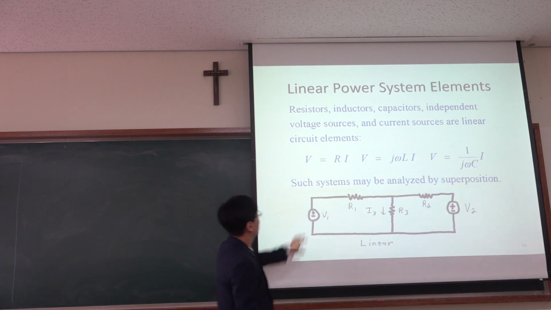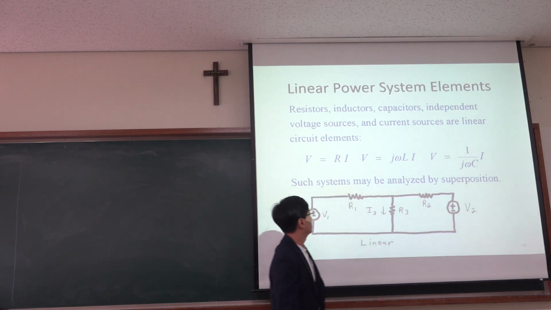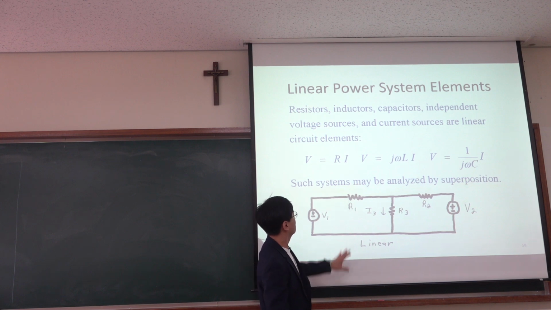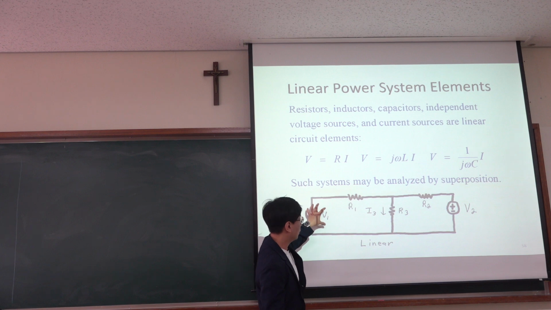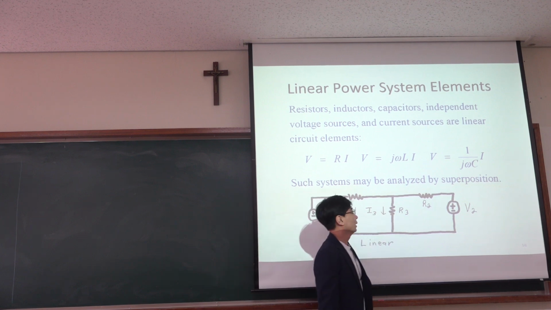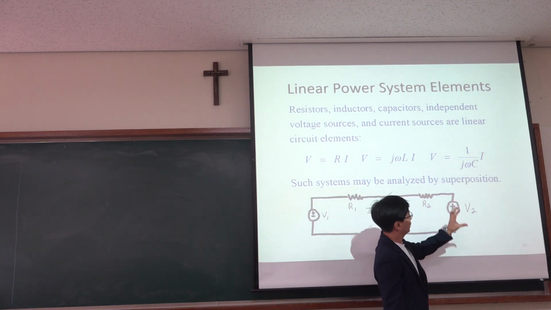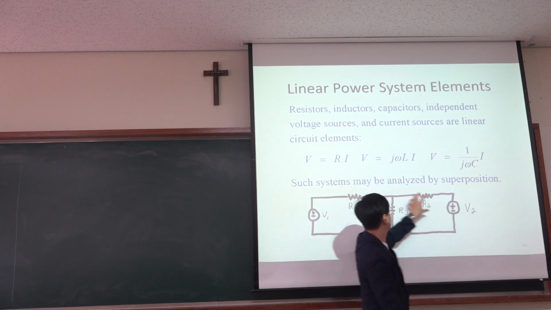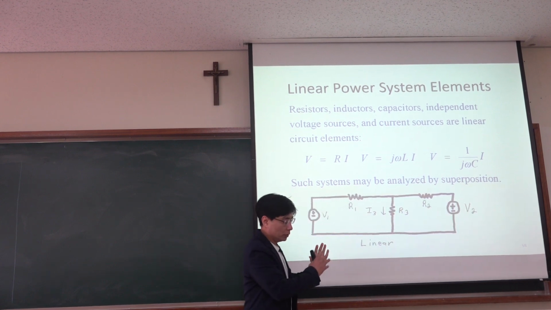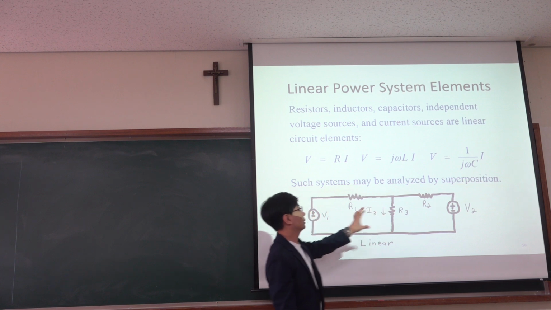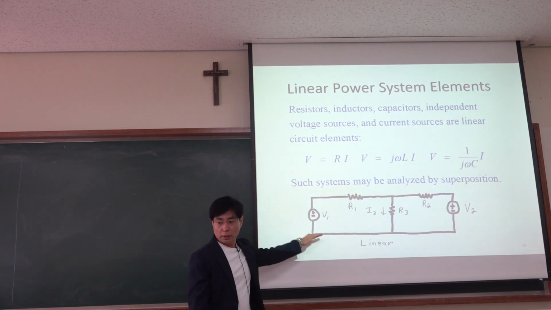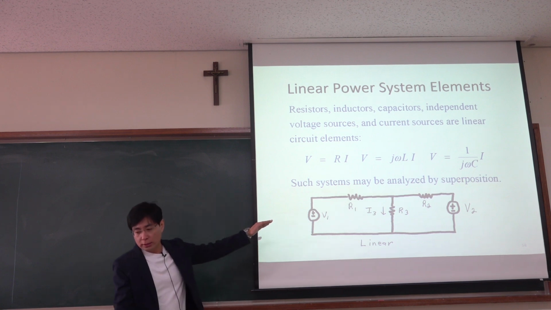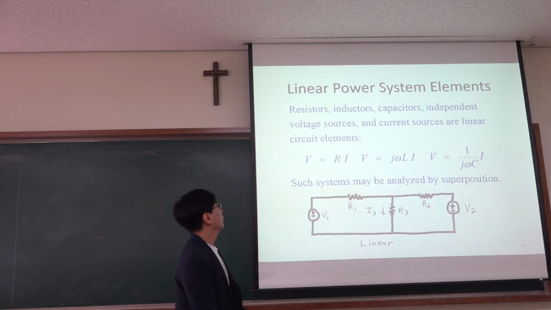It is a linear system, so you assume that we have only a voltage source V1 and then compute the current here, and then we assume there is only one voltage source V2 and compute the current here, and just the sum of these two gives you the answer. So that's called superposition principle. And this is what you learned in your basic circuit theory or basic circuit analysis, right?